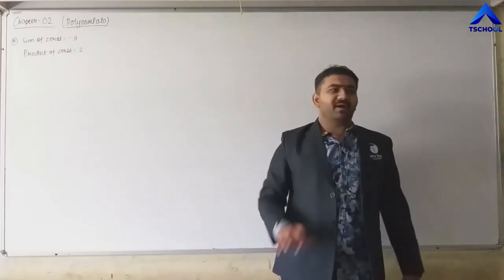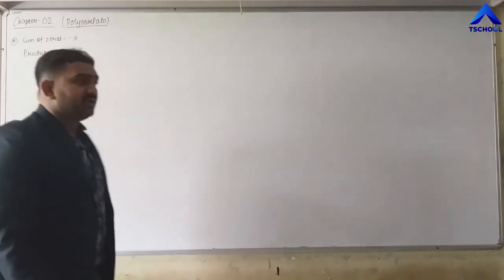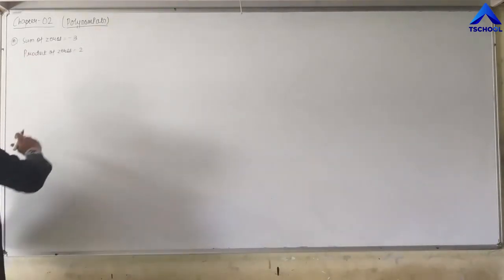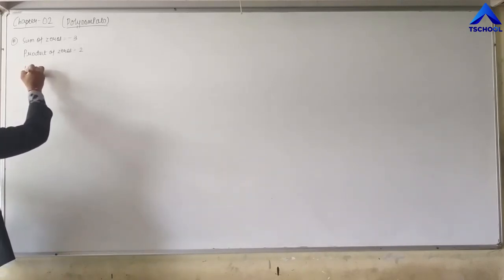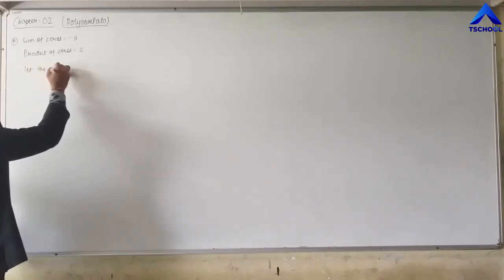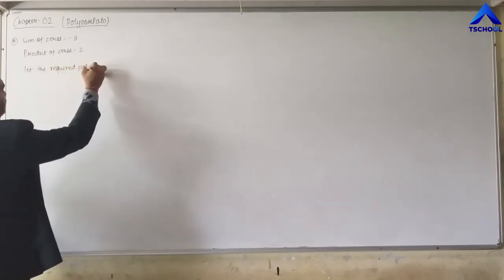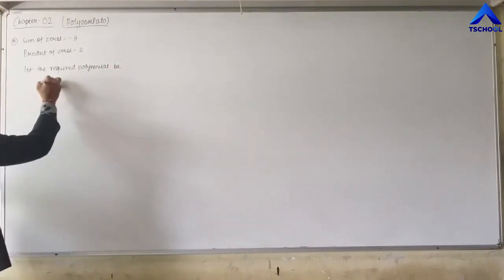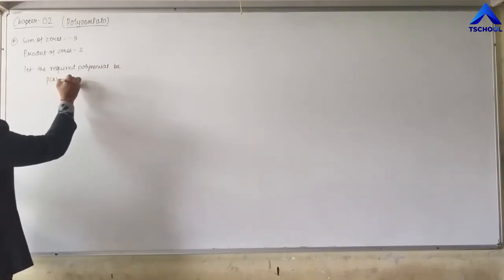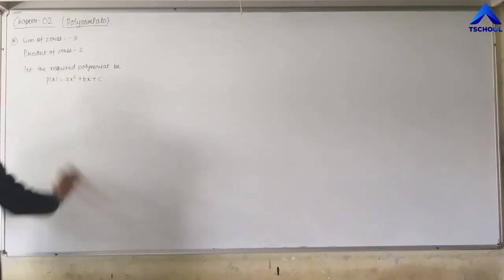Let us say that minus 3 and 2 are the sum of the zeros and product of the zeros respectively. Then first of all we shall take the relationship between the coefficients. So let the required polynomial be p of x equals ax square plus bx plus c.